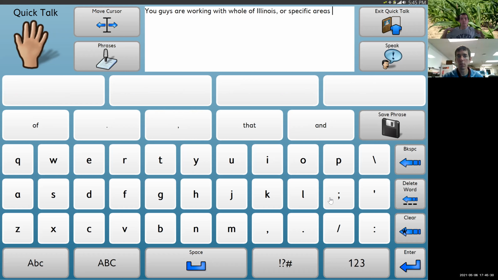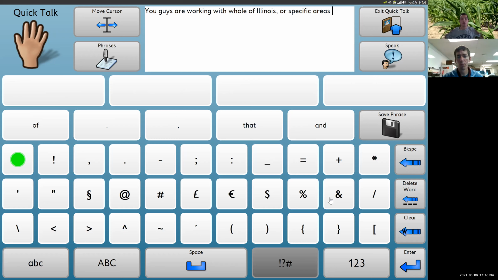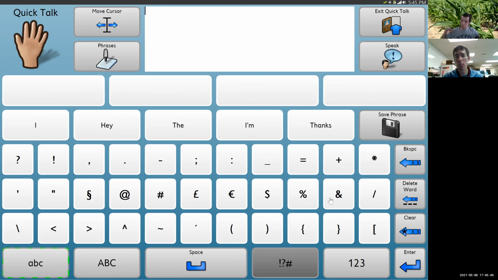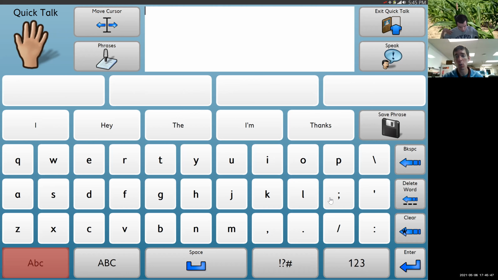You guys are working with all of Illinois or specific areas? It depends a little bit on the year, but we do try to get around the state. Depends a little bit on the issue that we're working on. So, for instance, I'll have corn rootworm trials here in East Central Illinois, but we'll have some trials up at Monmouth, up at DeKalb, and then on up into northwestern Illinois, hoping up by Freeport to have some rootworm trials.